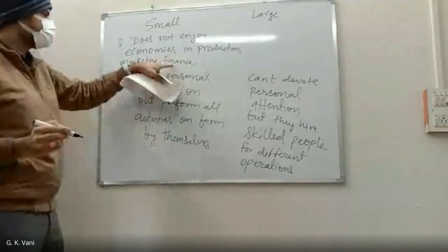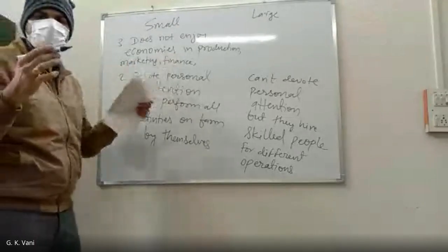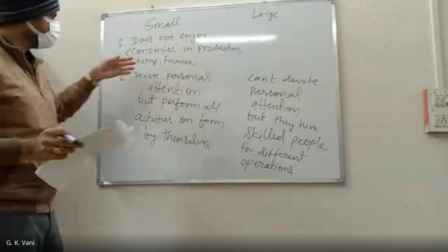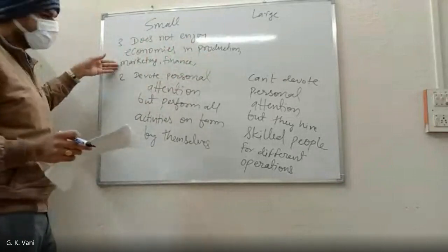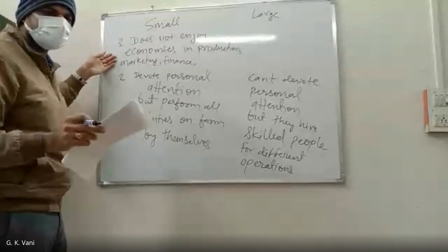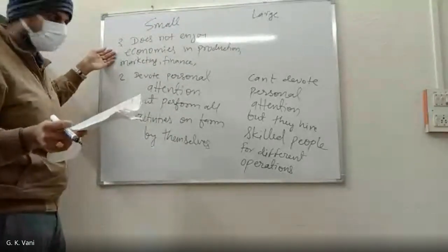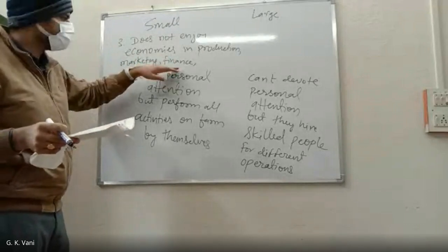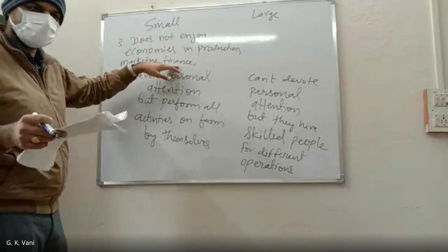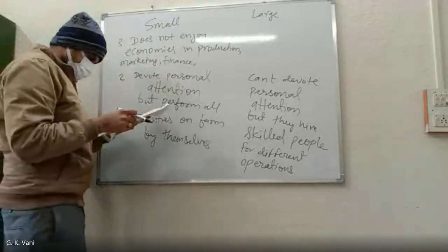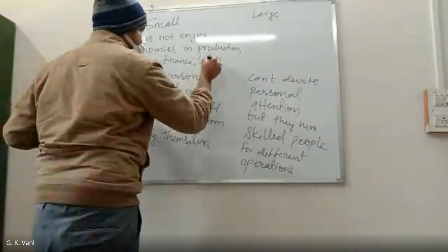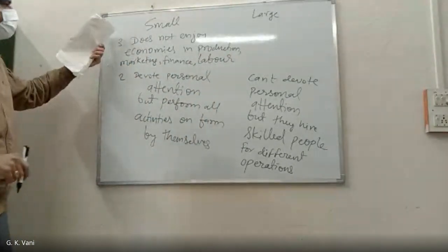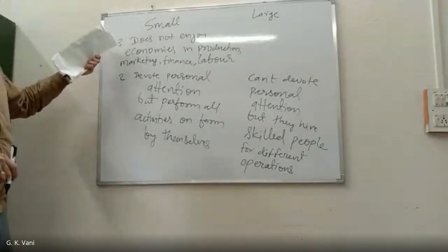Economies means lower cost or higher production. Marketing means you are able to buy inputs at low cost but sell output at a high price. Finance means the rate of interest you can bargain with the bank, or that is offered to you, is low. That is economies. Then labor use, right? So this is the disadvantage these small farms are having.